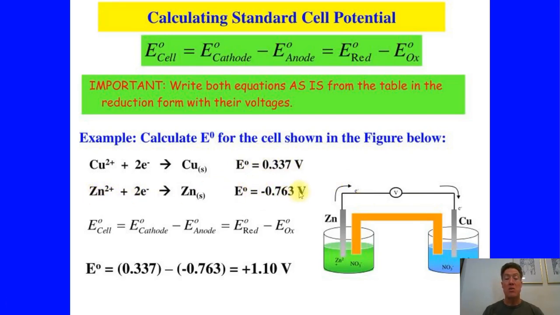So this zinc is going to be reversed, and this is going to become the oxidation. So we're going to calculate the cell: we take the E of the reduction minus the E of the reduction of the part that gets oxidized, and that changes the sign, and when you add that together, you end up with a 1.1 voltage.